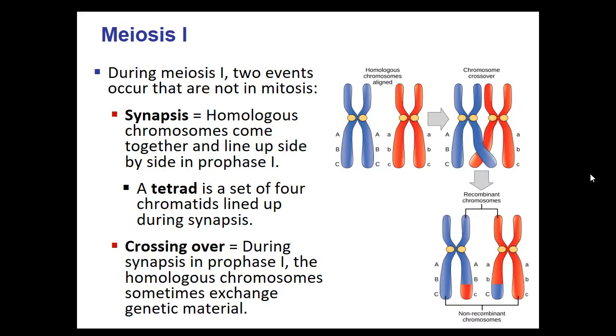But now these two sister chromatids are now different. But before, these were identical. And these were identical to each other. But now these sister chromatids are different. They're different from this one, different from this one. So there's two whole new sister chromatids here that have a different set of genes.